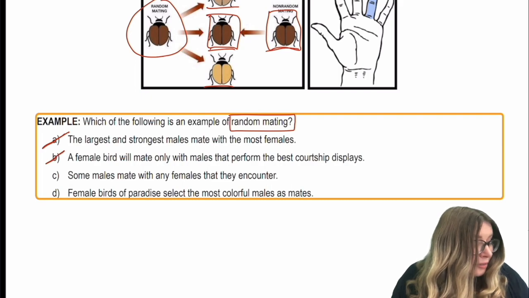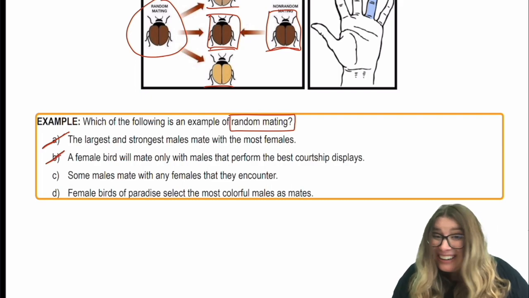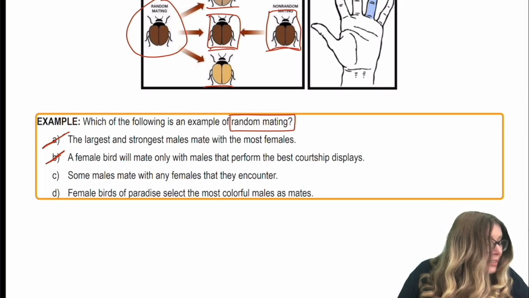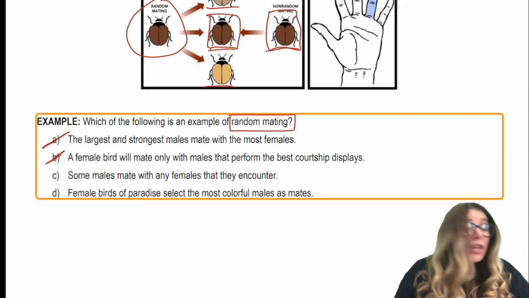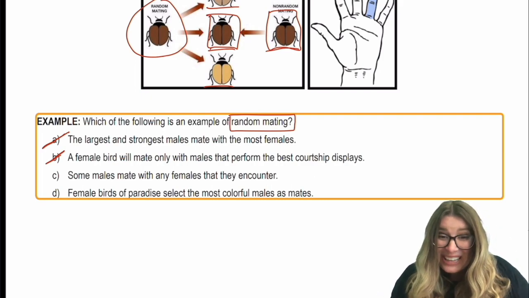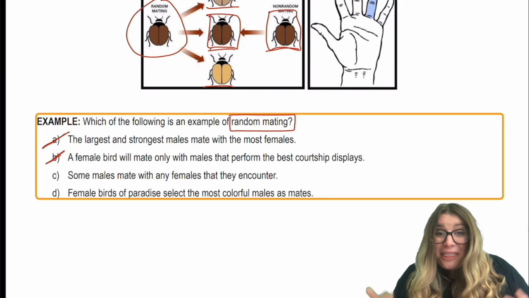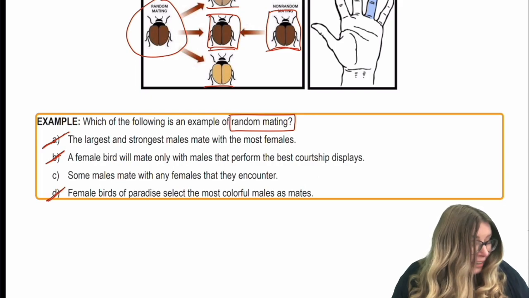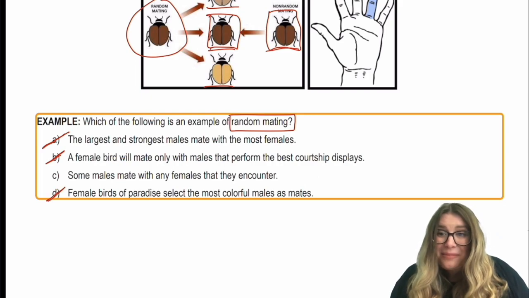Because the female is choosing, that's not random mating either. Looking at answer choice D, it says female birds of paradise select the most colorful males as mates. Once again, the female is choosing. That is not random, so it is not our answer since we're looking for random mating.